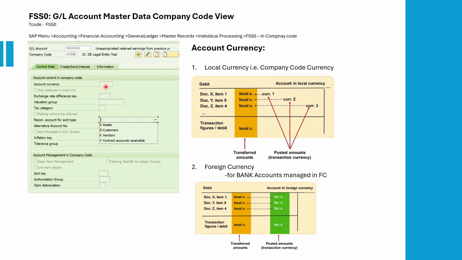So you can specify the account currency here. If you give the local currency, the company code currency, because every company code has its own currency on the basis of its country, like Germany, which will have euro as the local currency, you can enter euro as your account currency here. There is a benefit when you maintain the account currency the same as the company code currency.